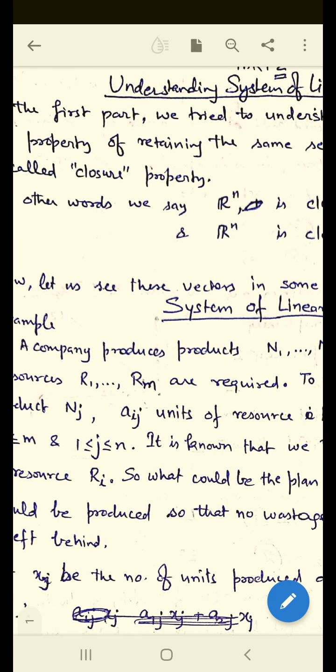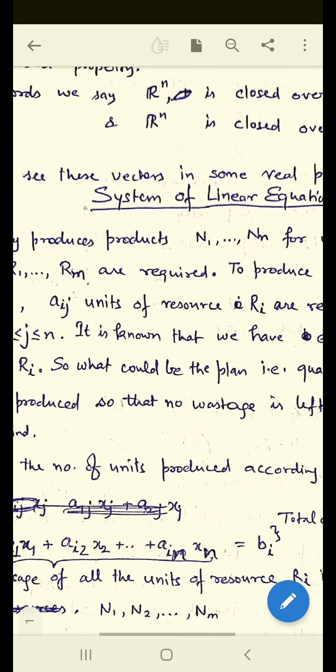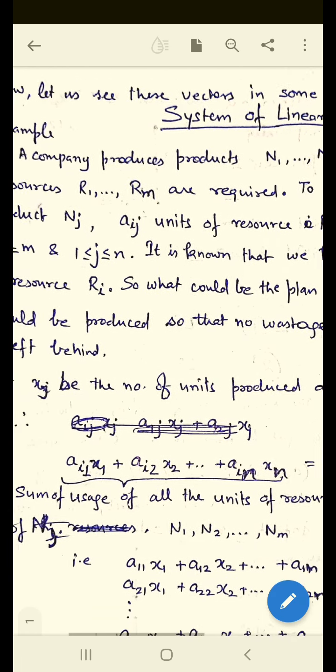If that is the case, to ensure minimum or virtually no wastage, we can figure out how much of each resource can be consumed if we want to produce x1 amount of product 1, x2 amount of product 2, x3 amount of product 3, and so on.